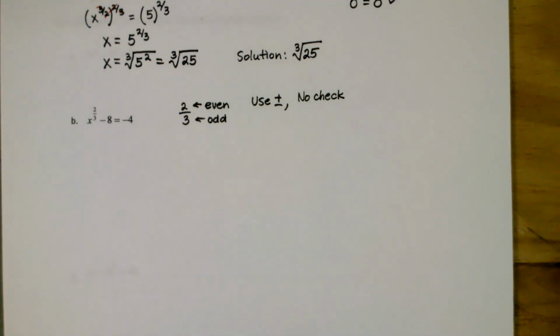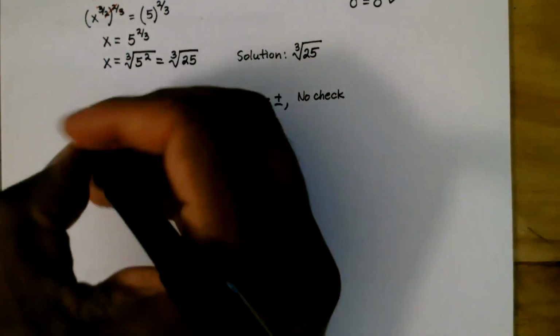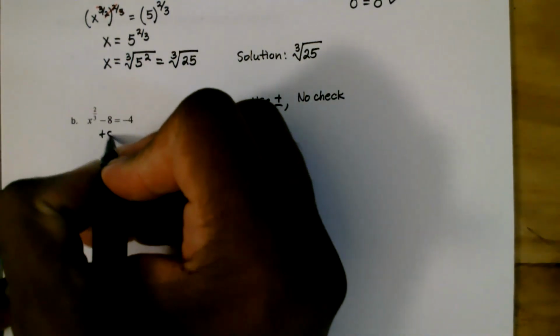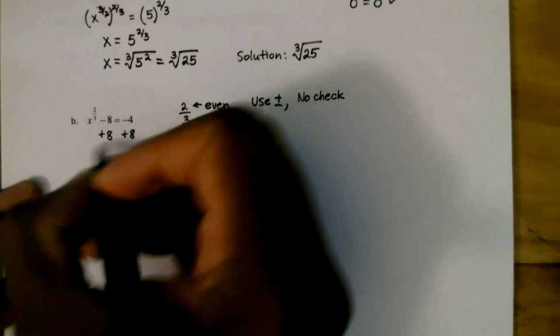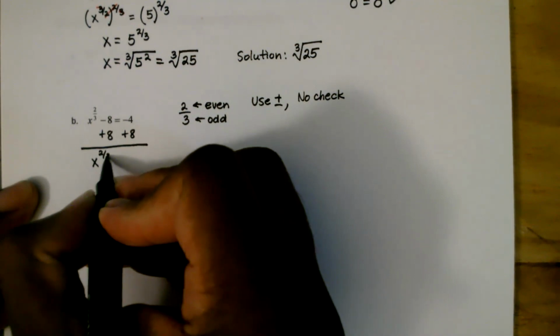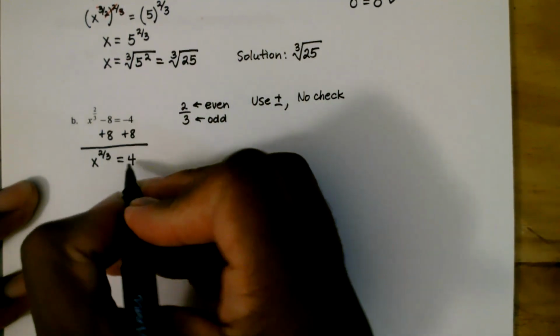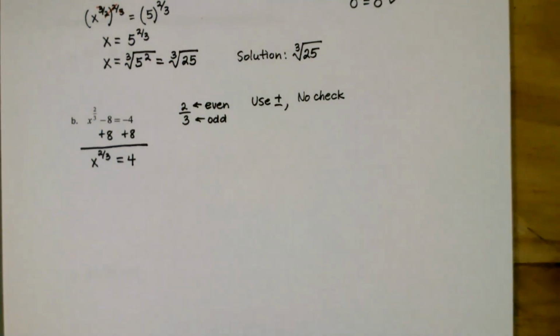All right, so now let's solve this equation. X to the 2/3 minus 8 is equal to negative 4. Let's get x to the 2/3 by itself by adding 8 to both sides. So that means x to the 2/3 is equal to negative 4 plus 8, which is 4. X to the 2/3 is equal to 4.